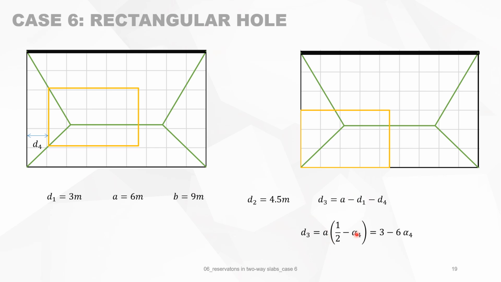So we can calculate D3, it's 3 minus 6 alpha 4, because the unknown is D4. So D4 divided by A is alpha 4. Because we have now a parameter where we want to optimize through this parameter D4. And this parameter must be between 0 and 1.83, which is the difference between this is 0 and this D4 is 1.83 times A.